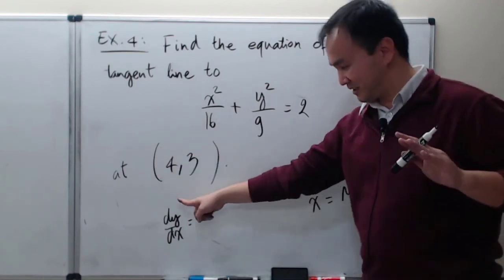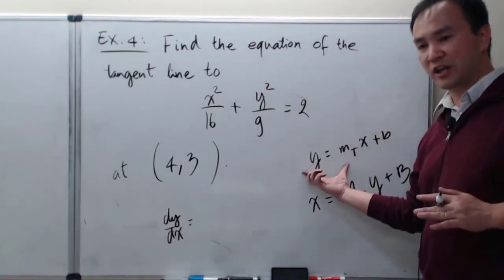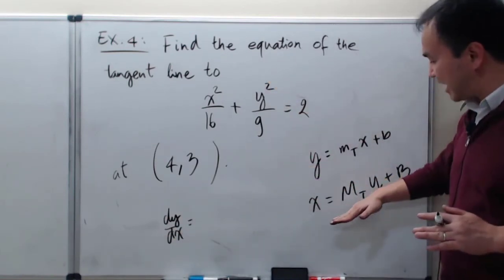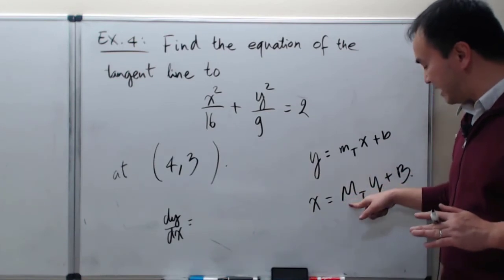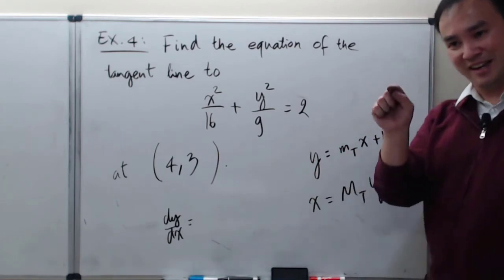You are correct, but you find the one that matches the form of your equation. If you decide to go with x equals m sub T y plus b, you start out by finding dx/dy, and that's the whole point.